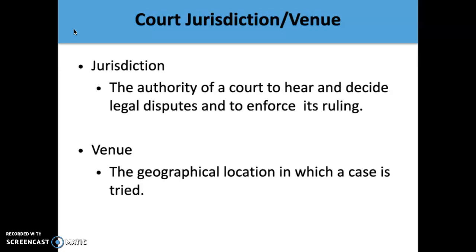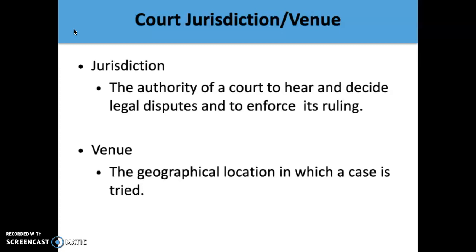So if I burglarize a house in Los Angeles, and I get arrested and charged, I will be tried by the state of California. I will not be charged or prosecuted by the federal government because burglarizing somebody's house is not a federal crime. It is a local crime. So that's the key thing with jurisdiction.